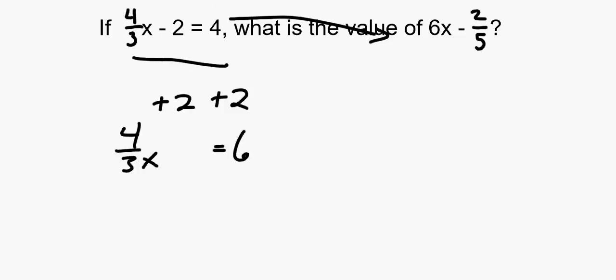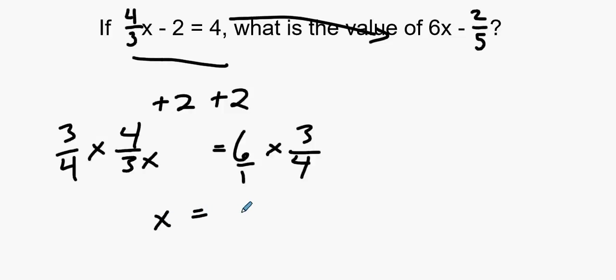It won't factor into the value of x. Since we have a 4/3 x, why don't we go horizontal for a moment and multiply by the reciprocal, keeping in mind that that's really 6 over 1. I'm going to reduce those 2 by 2. You follow what I just did?